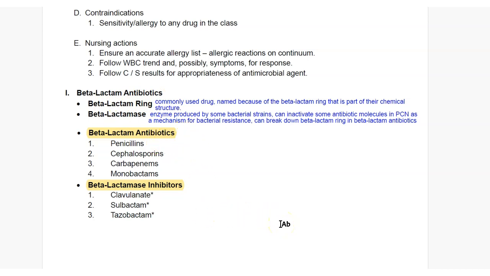So beta-lactamase inhibitors include clavulanate and sulbactam as well as tazobactam. So please remember this, memorize these antibiotics, and understand the differences between beta-lactam ring, beta-lactamase, beta-lactam antibiotics, and beta-lactamase inhibitors.